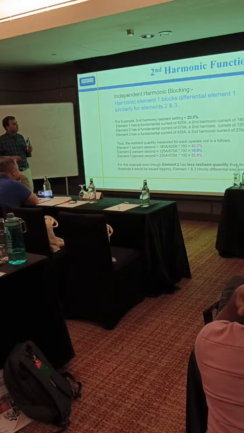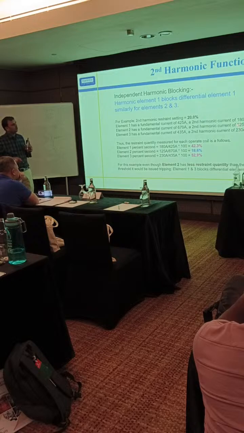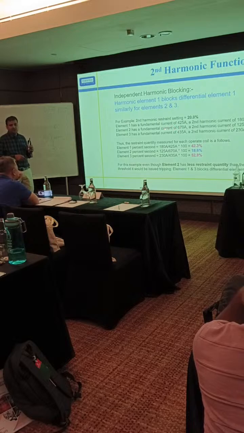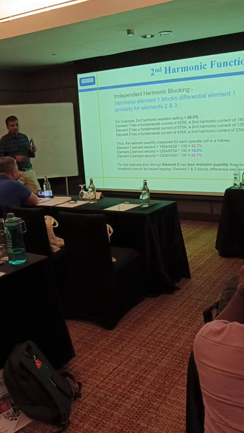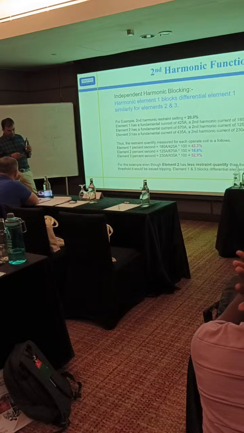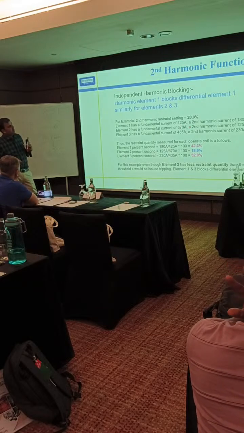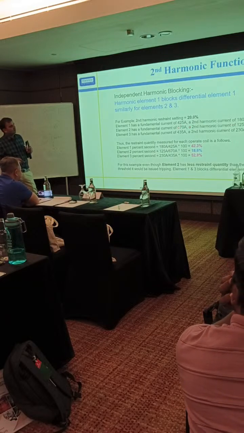In second case, it is 125 ampere. So if we divide, every time you can see that it is taking reference of the fundamental current, not the rated current. Whatever fundamental current is there, the calculation is based on that.